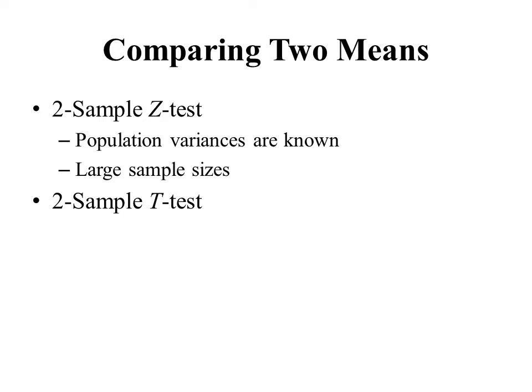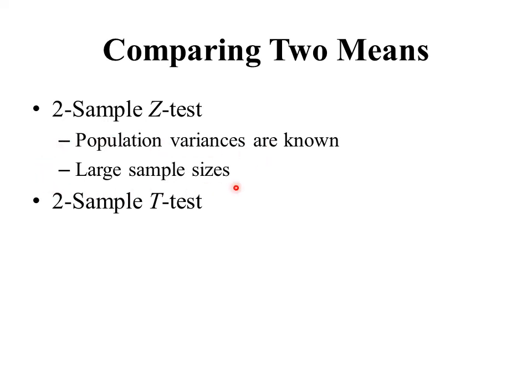Now we're going to use the two-sample z-test in a couple of different situations. Number one, if our population variances are known, or if we have large sample sizes. This first case, where our population variances are known, almost never occurs, so we're rarely going to see that.